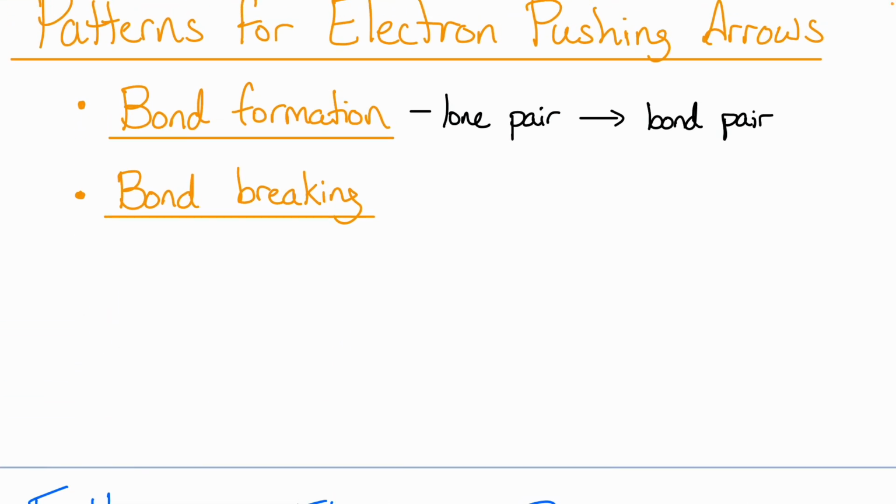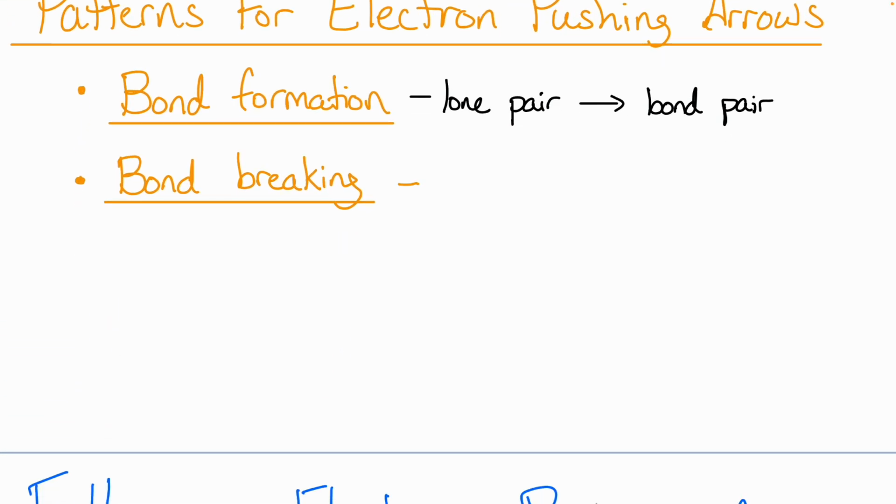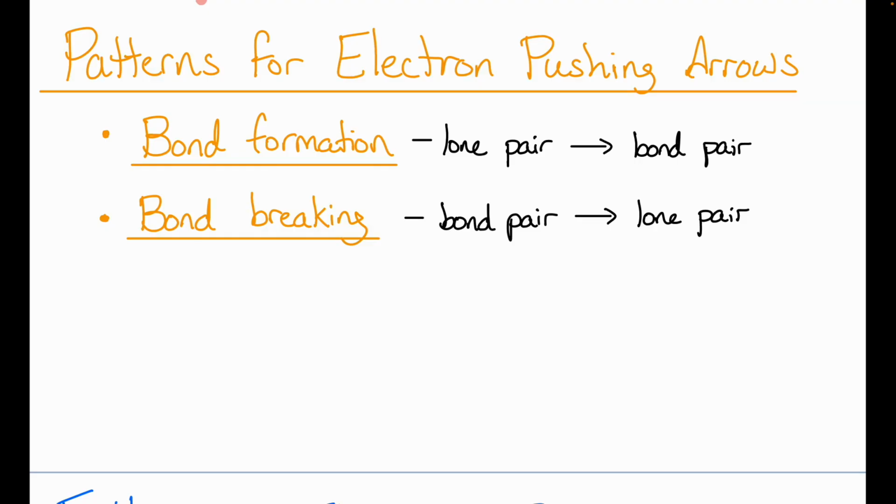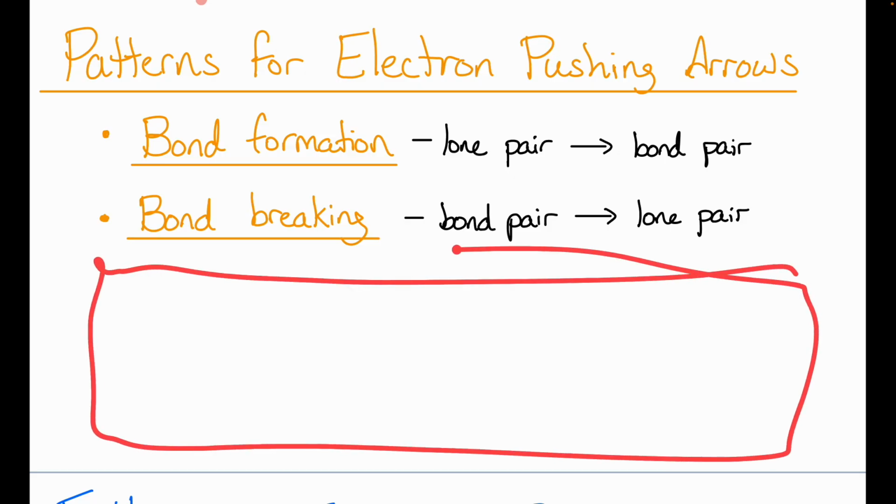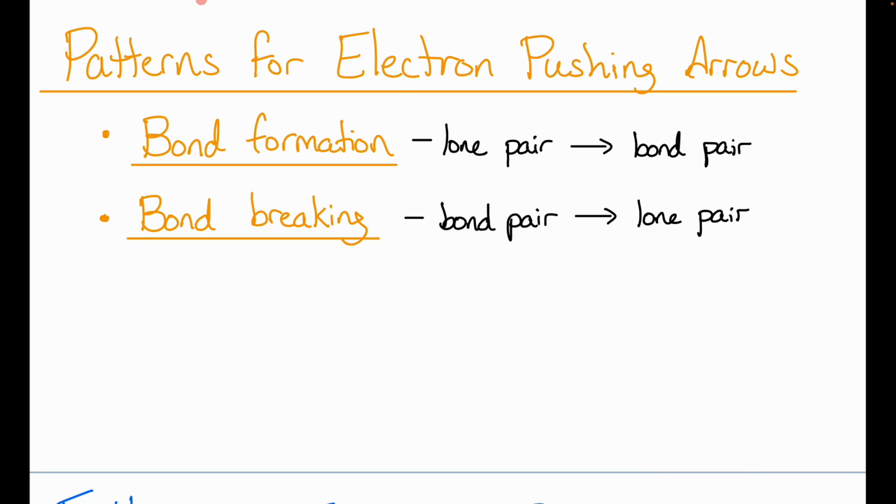All right, so bond breaking is when we have a bonding pair becoming a lone pair. So bond formation means we have a lone pair becoming a bonding pair of electrons, or we can break bonds by turning that bonding pair of electrons into a lone pair. We're going to leave a little bit of room here because we'll complicate things a little bit later, but we're going to start with just these two patterns.